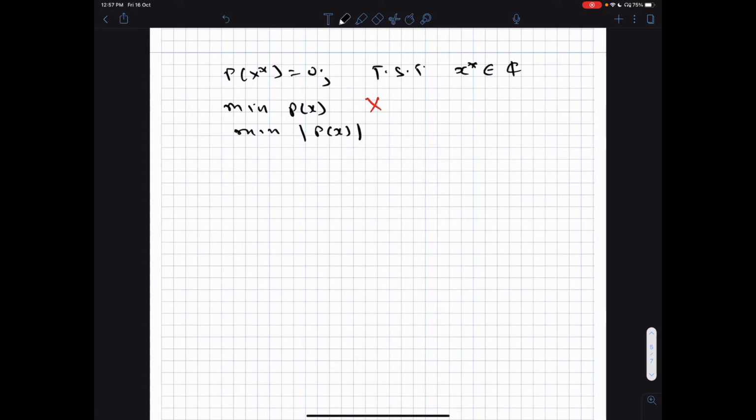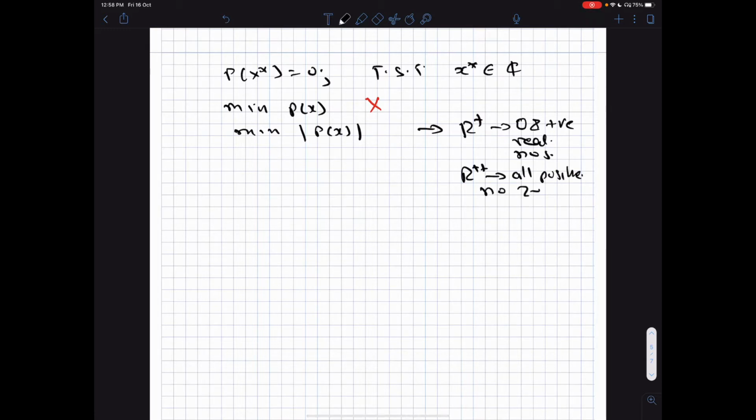This is defined, and the absolute value is a real number, coming from R plus, which means zero and all positive real numbers. R double plus usually means all positives, no zero.